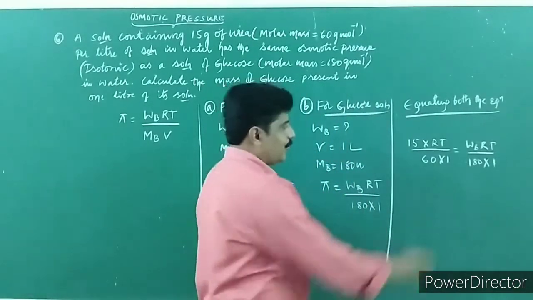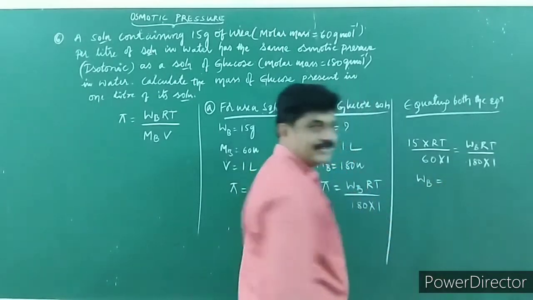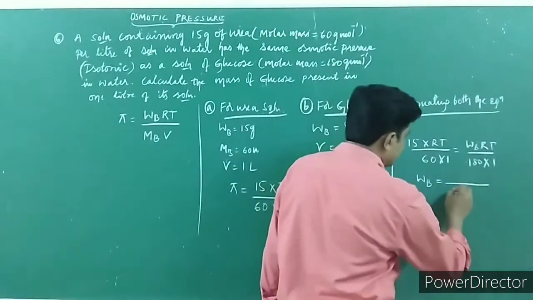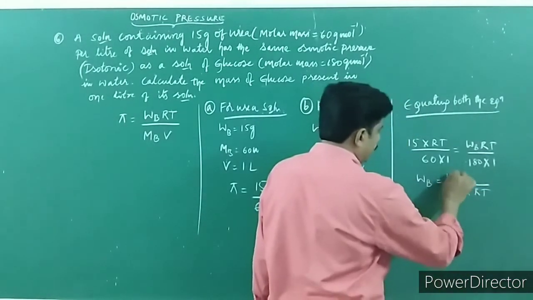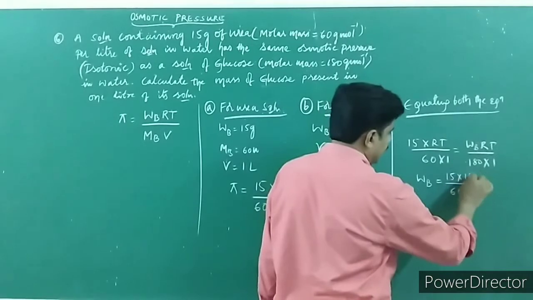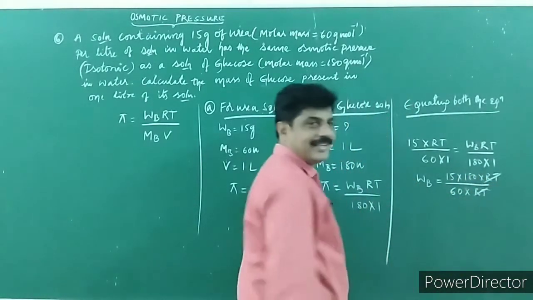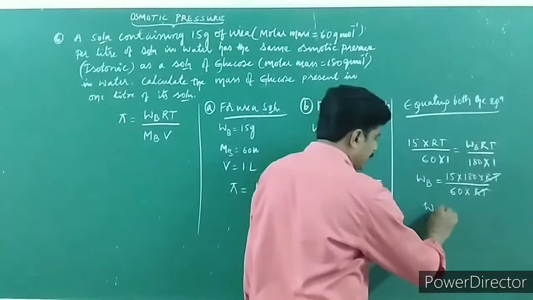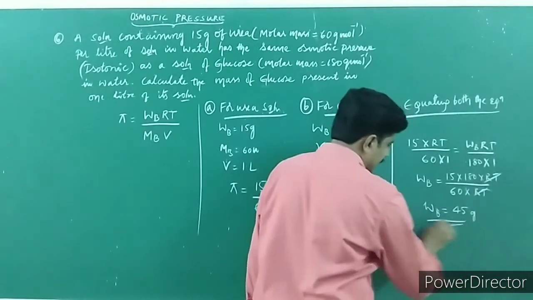Is it not? What you're supposed to find out? You're supposed to find out WB. Children, in that case, look here, 60 into RT into WB is equal to 15 into 180 into RT. Is it not? Children, if you simplify this, you are going to get WB is equal to 45 grams.